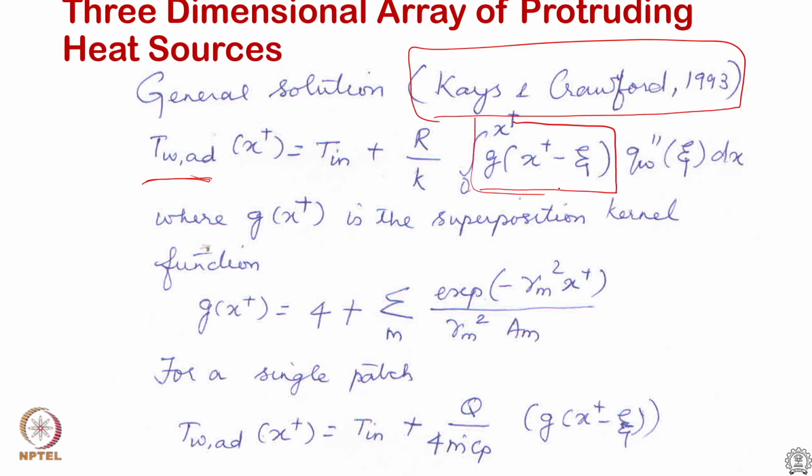It is very much similar to the unheated starting length problem that we discussed for a flat plate. If it was to be adopted for a tube, and if we had arbitrarily varying wall flux, that tube solution with unheated starting length with the superposition principle, we will get an integral of this form, and that is what this is.